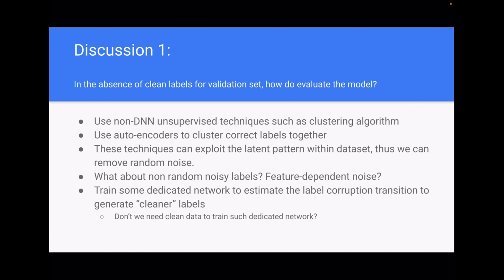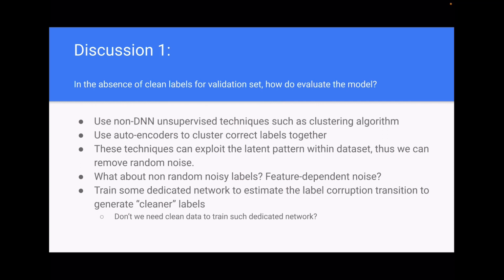So our first topic of discussion was, in the absence of clean labels for a validation set, how do we evaluate the model? One member suggested that we could use unsupervised techniques. For example, if we take the non-deep learning approach, we could use classic clustering algorithms to cluster different classes of labels together.